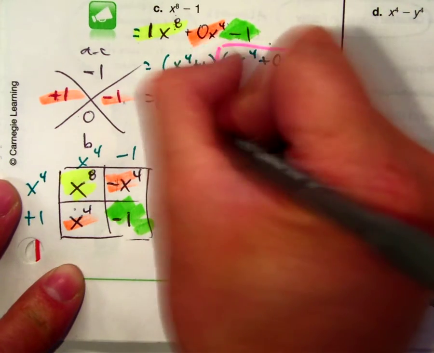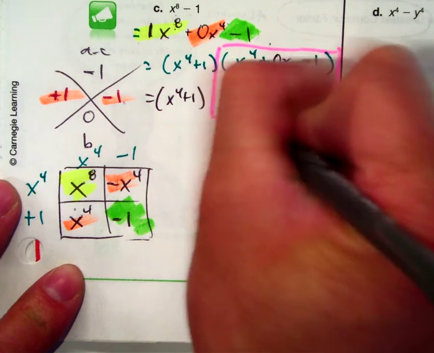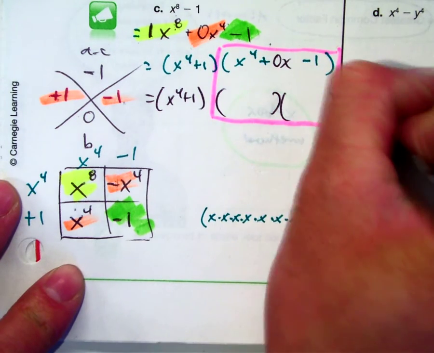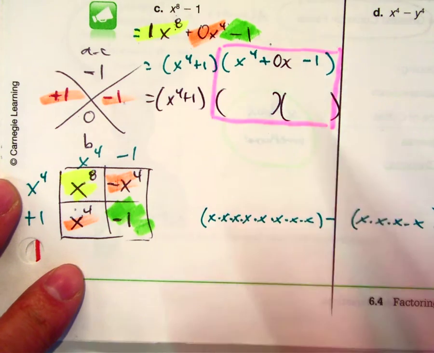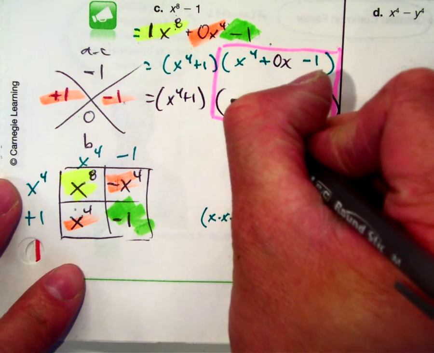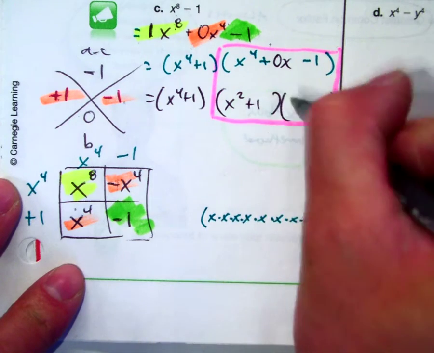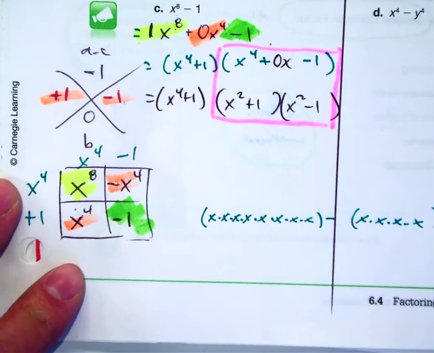So I have, this is the same. Class, what do you think this is going to be? Talk to your partner, 30 seconds. What do you think I'm going to put in there? X squared plus 1, x squared minus 1.